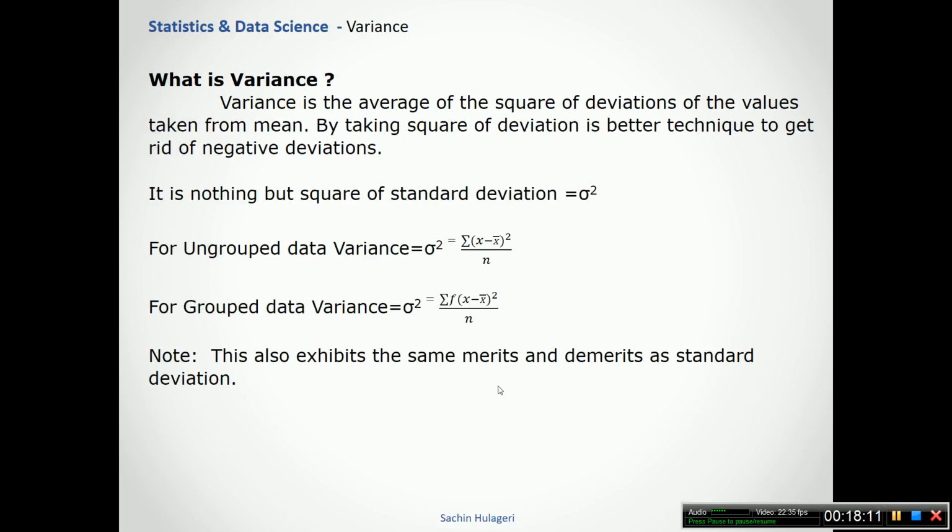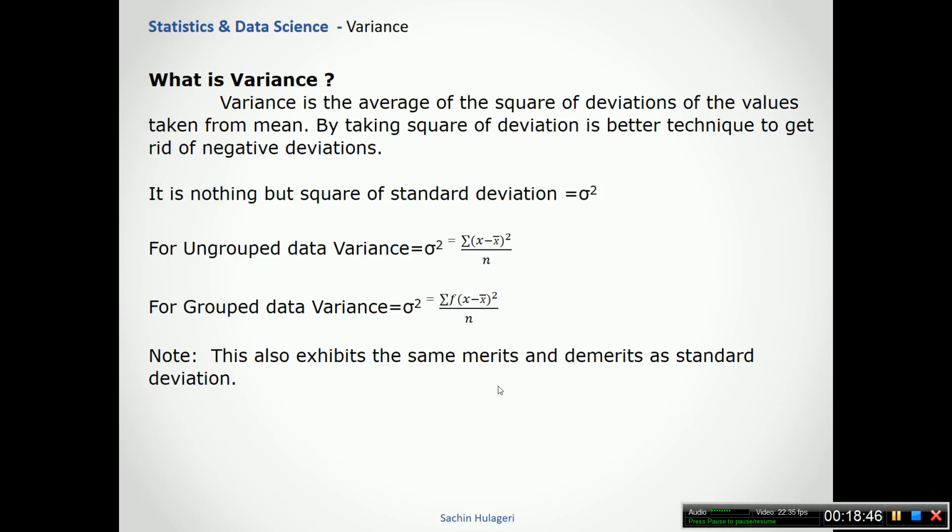And the variance. Variance is another important concept in statistics. What is variance? Variance is the average square of deviations of values taken from the mean. By taking the square of deviations, we get rid of negative deviations, which may end up in a zero sum. It is nothing but the square of the standard deviation.